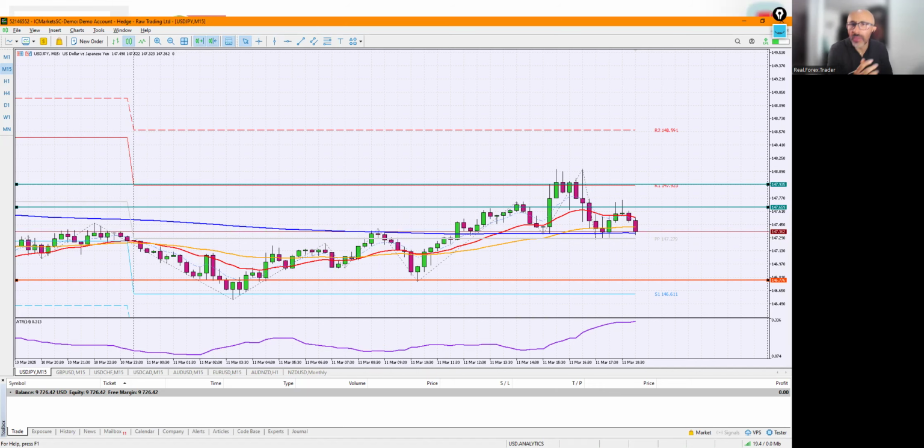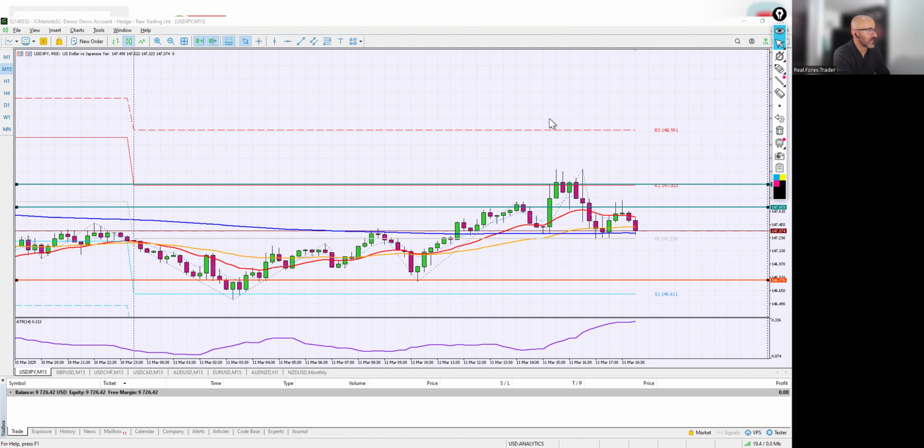When we talk about risk to reward ratio, basically the objective is this. My stop loss versus my take profit. My stop loss is 1R and my take profit is 2R.